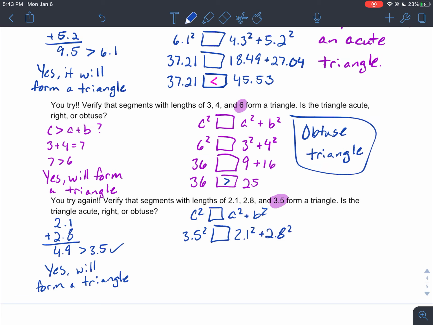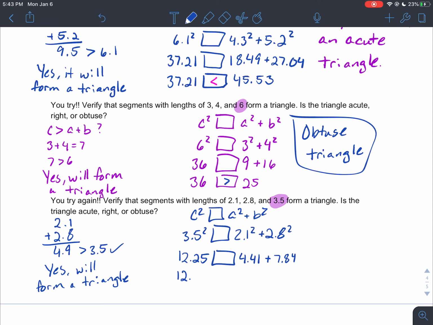All right, so 3.5 squared is 12.25. All right, 12.25. 2.1 squared is 4.41. And 2.8 squared is 7.84.